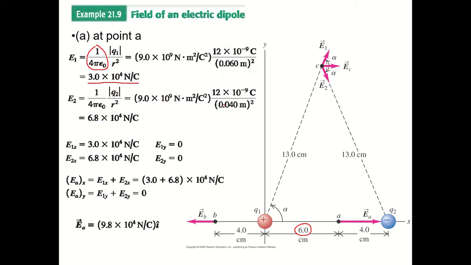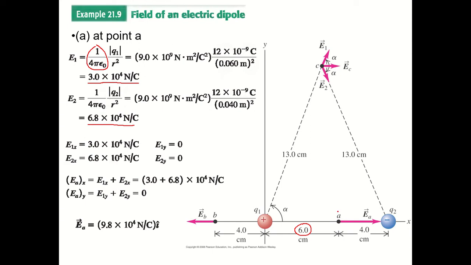Then the distance from point A to charge Q2 is 4 centimeters, or 0.04 meter. You square that, multiply with this, and we get this. That's our E2, the electric field due to charge Q2.